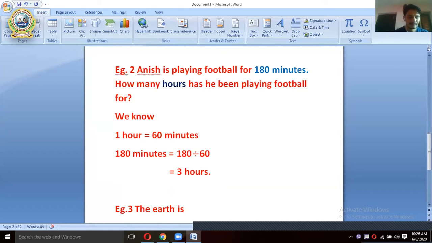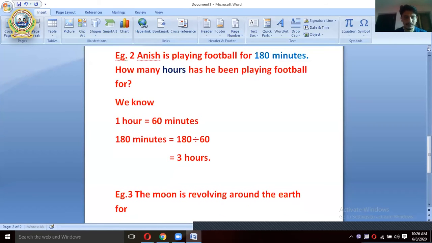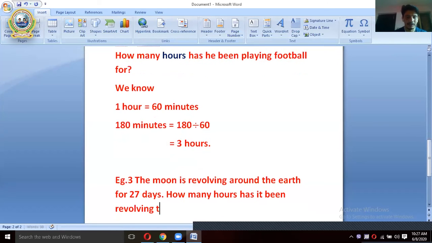The moon is revolving around the earth for 27 days. How many hours has it been revolving around the earth?